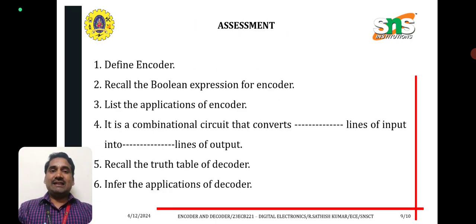Now let us see the assessment. Define encoder. An encoder produces n output lines from 2 power n input lines. That is nothing but the 8 to 3 encoder: 8 inputs D0 to D7, which produce 3 outputs X, Y, Z. Recall the Boolean expressions for the encoder: X is equal to D4 plus D5 plus D6 plus D7.